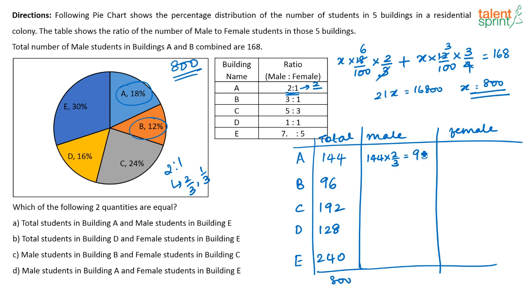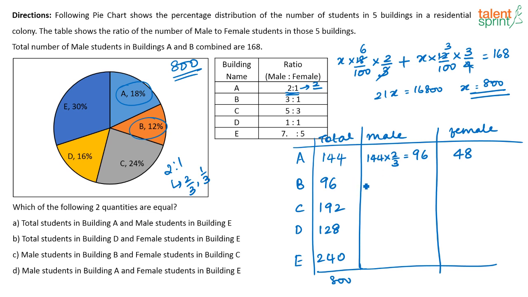So if there are 96 male, how many female are there? 144 minus 96, or just do 144 divided by 3, that is also fine. 48 female members.